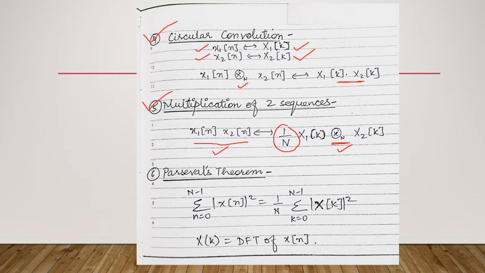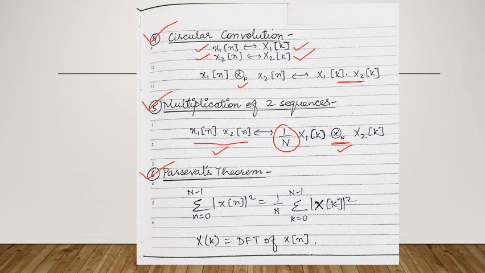And the last one is Parseval's theorem. This is very important. So what does Parseval's theorem say? It states that the summation over small n equal to 0 to capital N minus 1 of modulus of x of n squared, that is, we take the mod of x of n, square it and add all the terms, is equal to 1 upon capital N times the sum of all the terms of capital X of k, again taking modulus and their square.